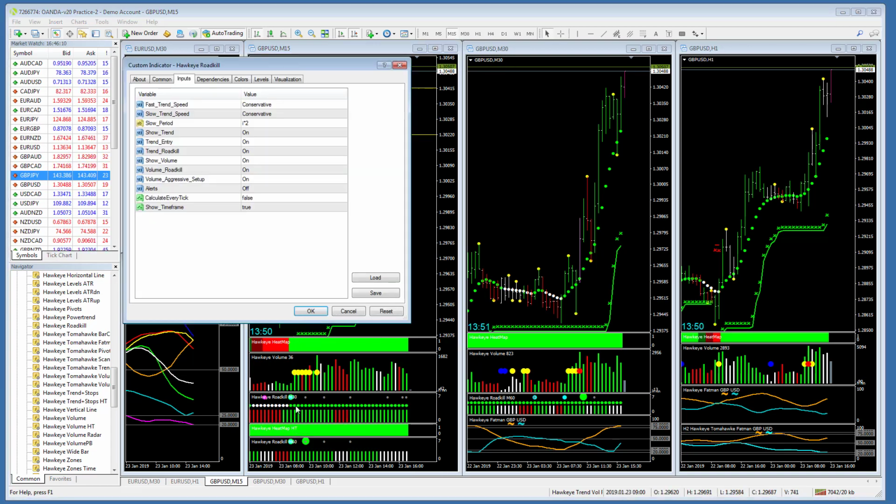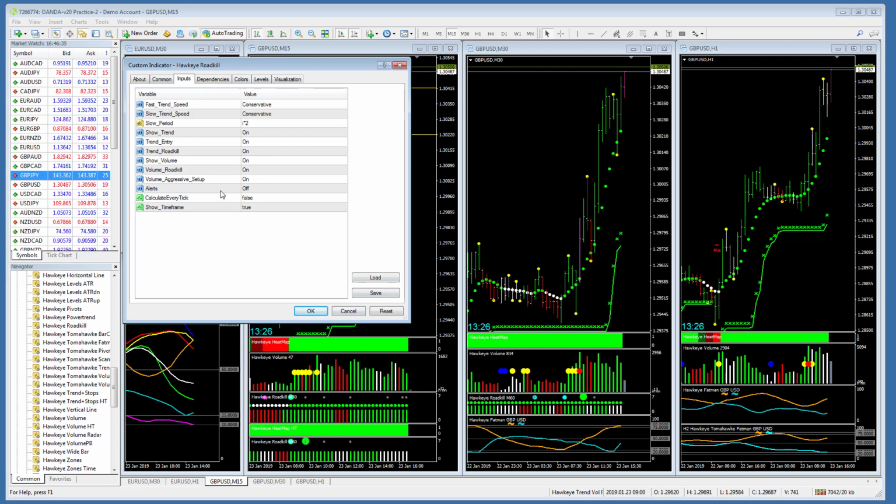So if I were to edit that indicator, you can see I've got the slow period on the indicator set to I times 2, which is 2 times the current instrument's time frame or interval. So interval times 2 is 15 times 2, that's 30 minutes. So I'm looking at a 30-minute trend and volume.